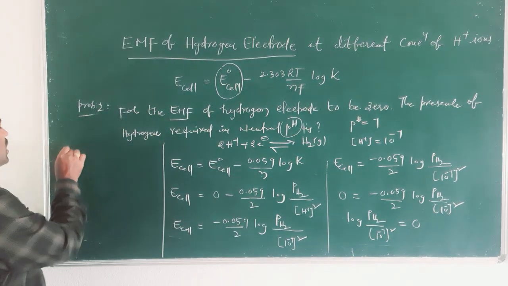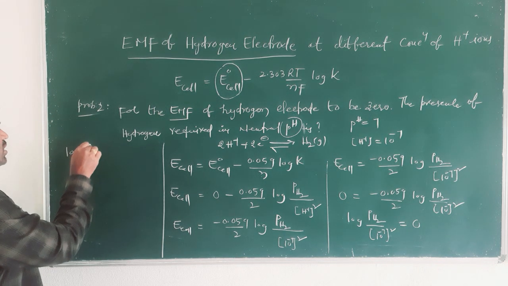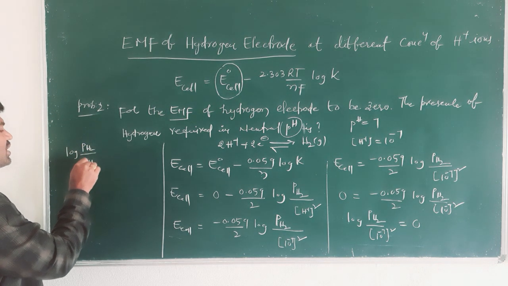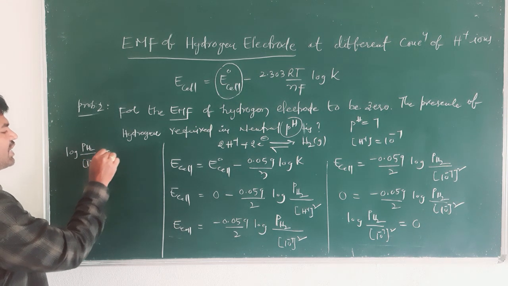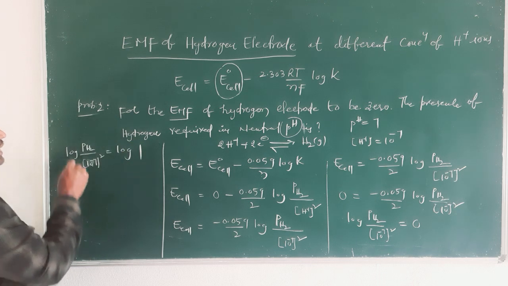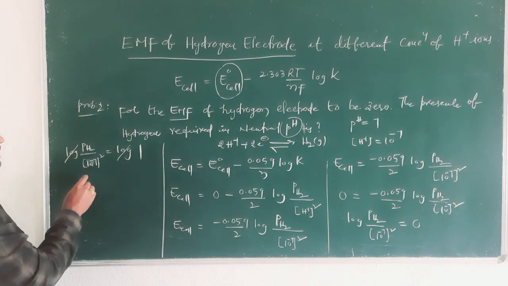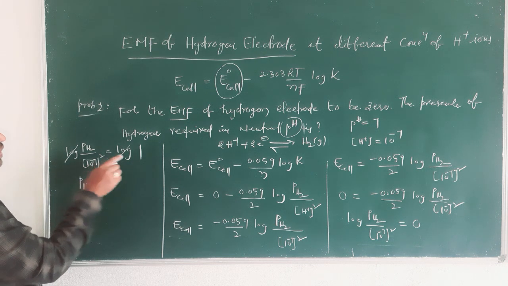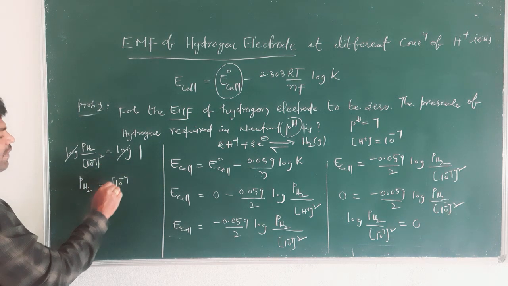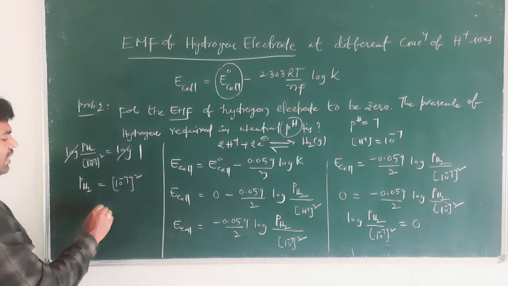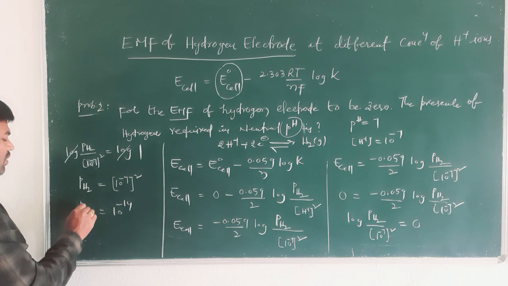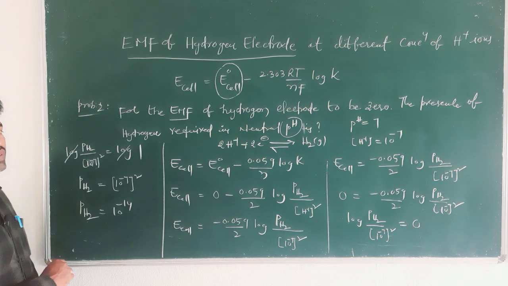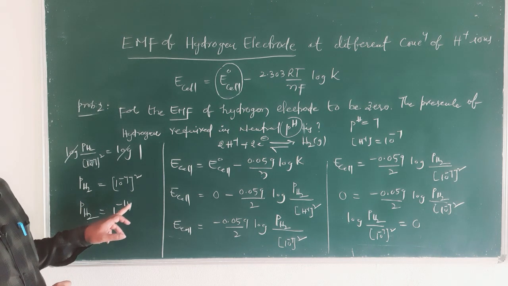So, log of partial pressure of H2 by the concentration of 10 power minus 7 squared is equal to log 1. In the next step, log gets cancelled, and the partial pressure of H2 is equal to 10 power minus 7 squared, that is 10 power minus 14. So, the pressure of hydrogen would be 10 power minus 14.